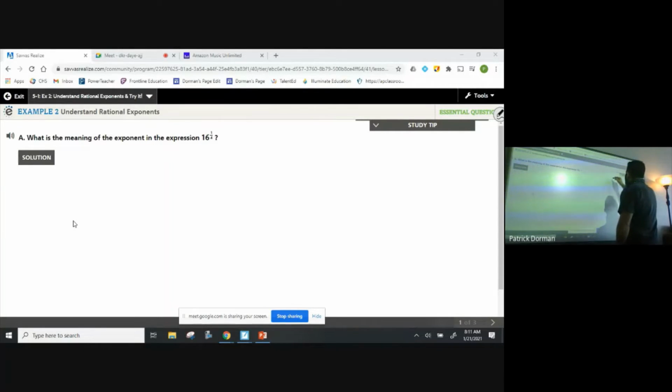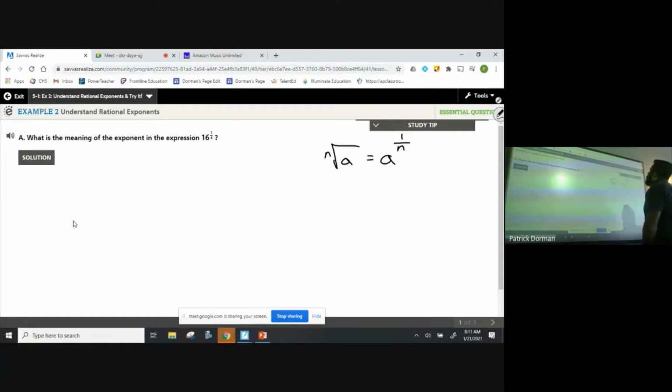If I have some nth root of a, we can write that as a to the 1 over n power. So we can write a radical in terms of an exponent.